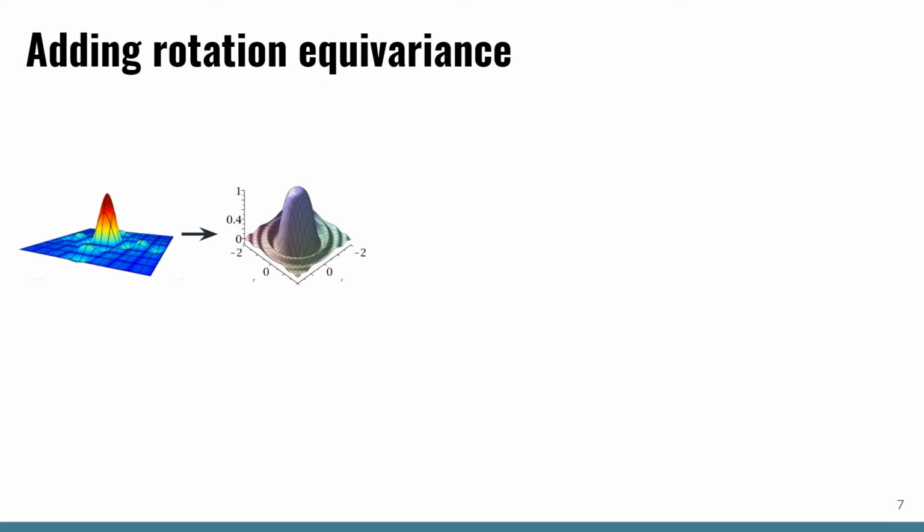There are only 2 things remaining. The first thing that remains is to change the sync function that we have been using so far into the jinc function, which is also known as the sombrero function for reasons that I don't need to explain. And basically, it's just the sync function, but rotated so that it's rotationally equivariant.